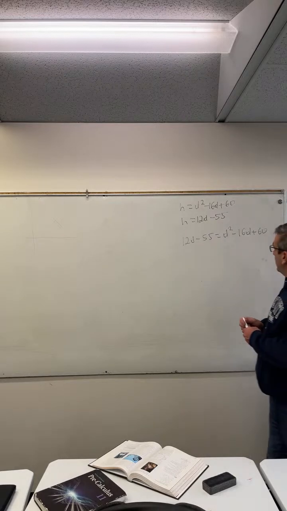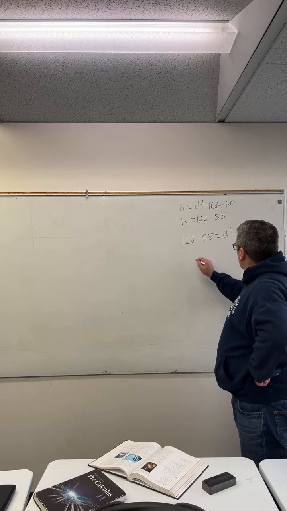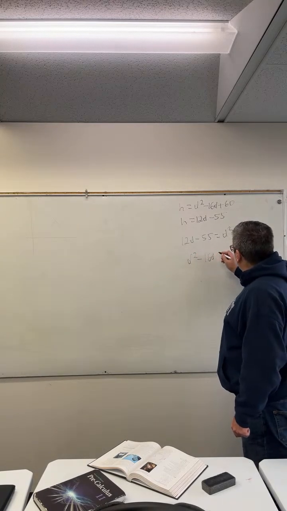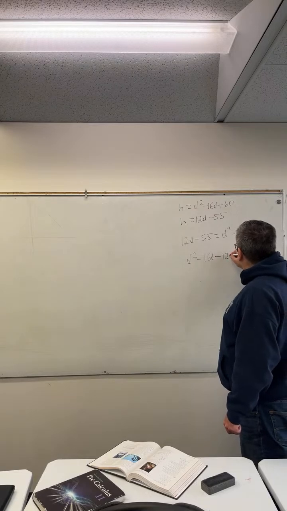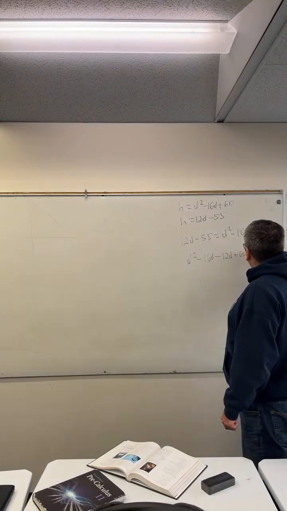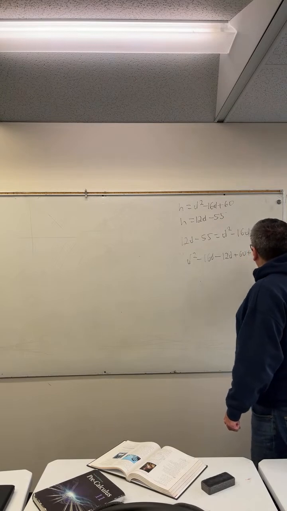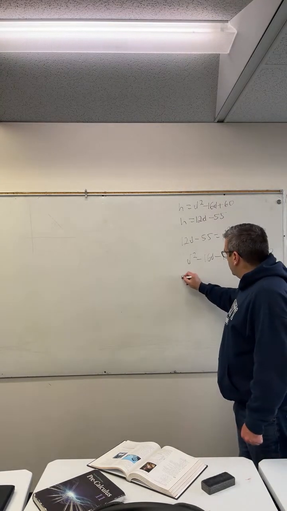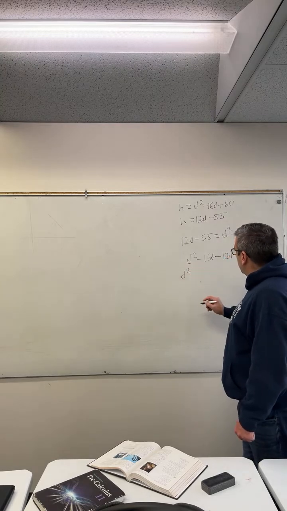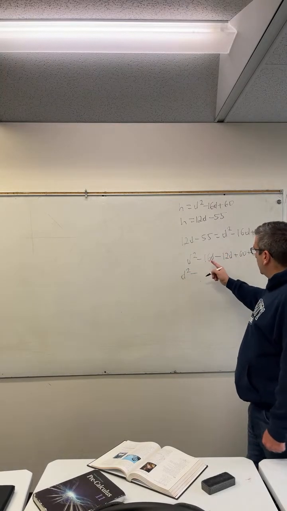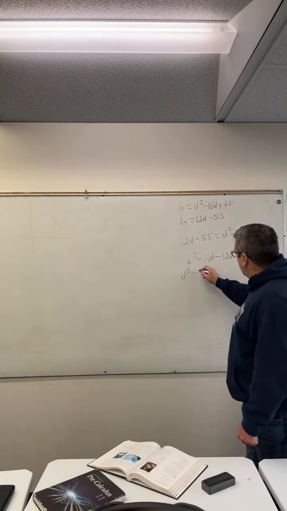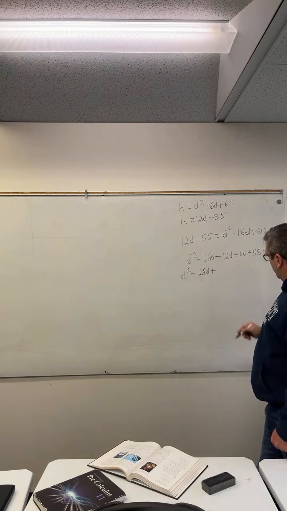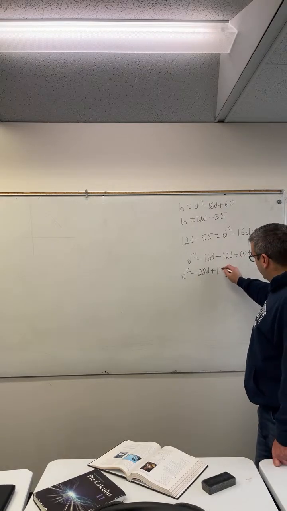D squared minus 12D plus 60 plus 55 equals 0. So D squared minus 28D plus 115.